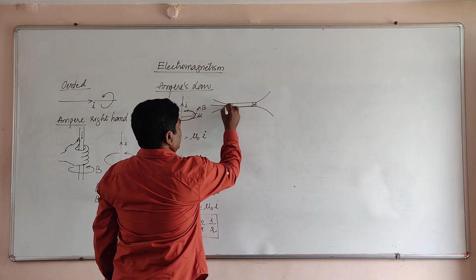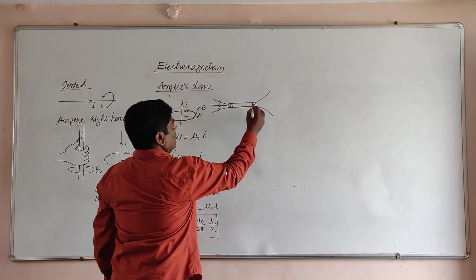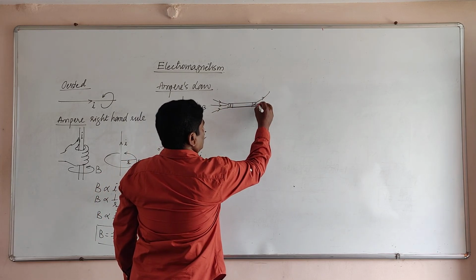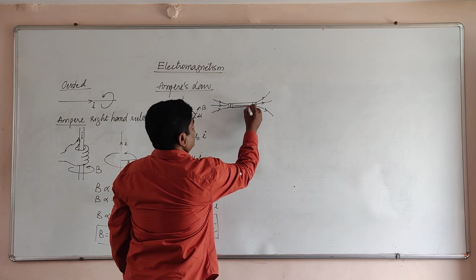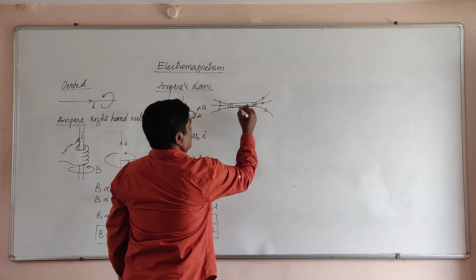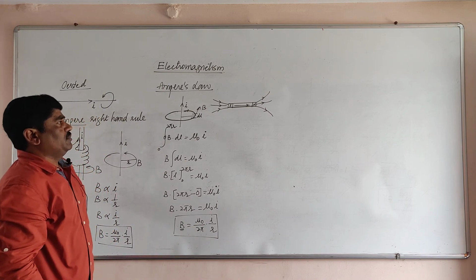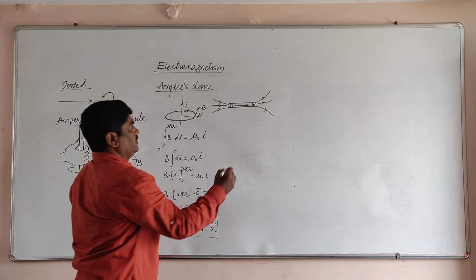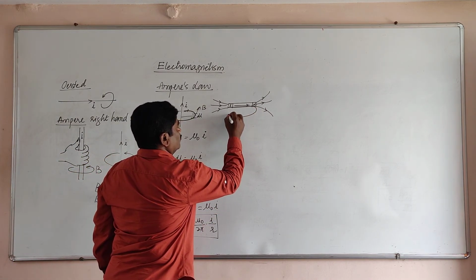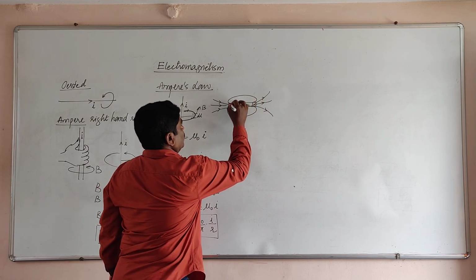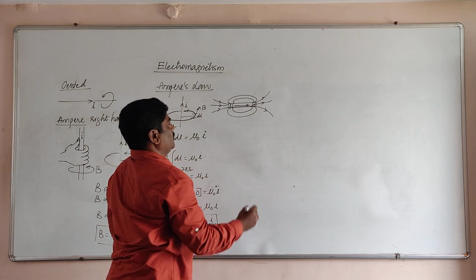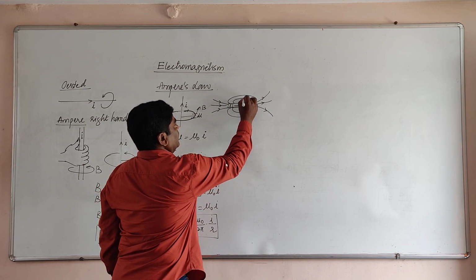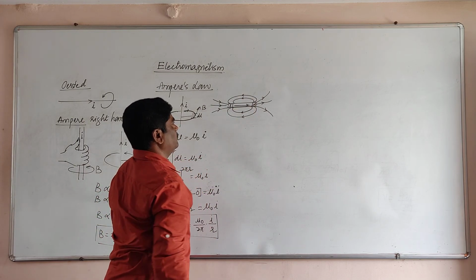It goes into the south pole, and from the north pole it goes outside. Within the magnet, the direction of the magnetic field is south to north, but externally it is spread north to south like this.